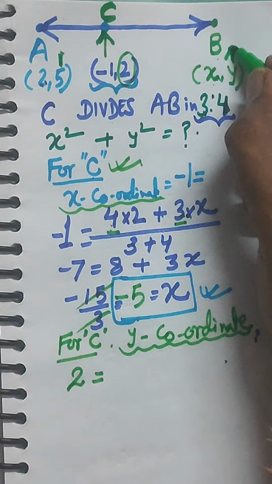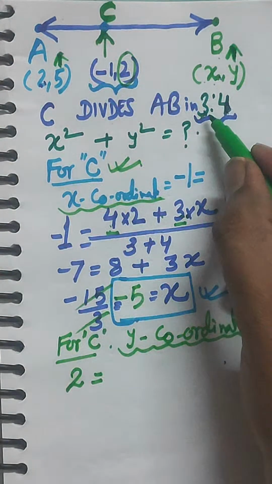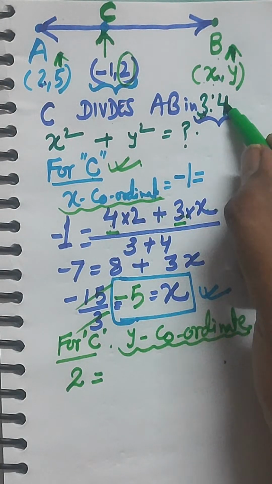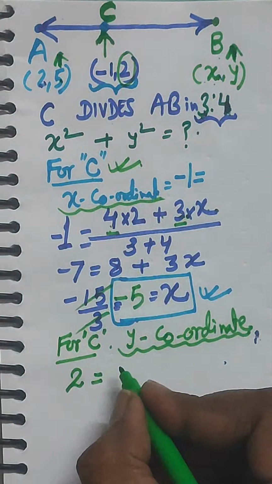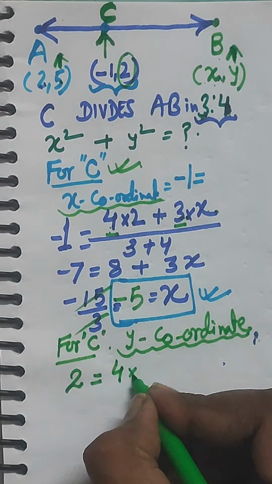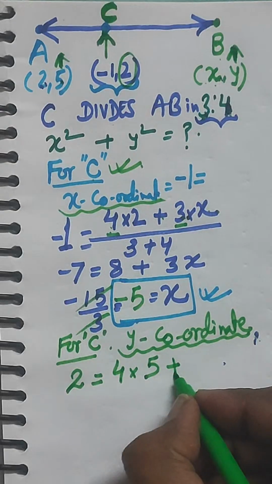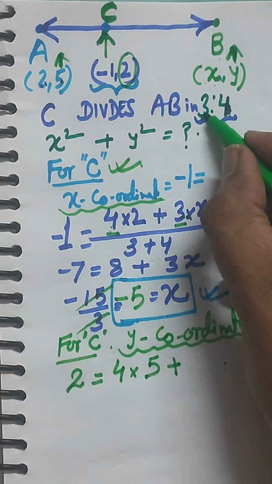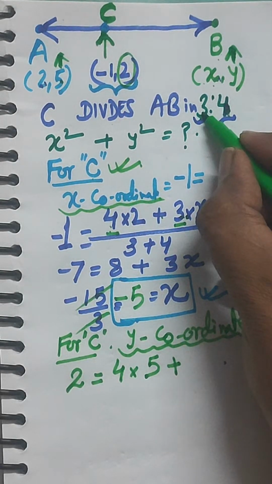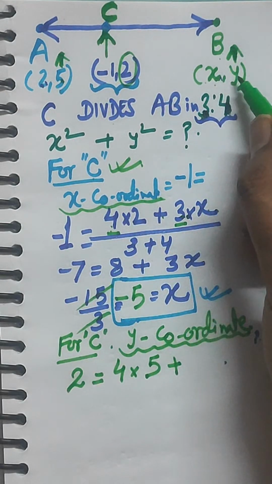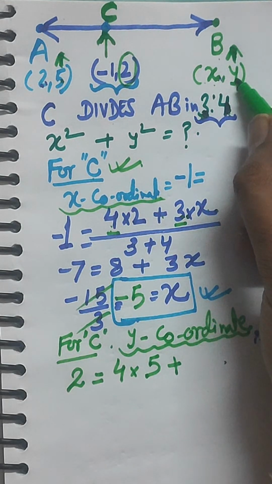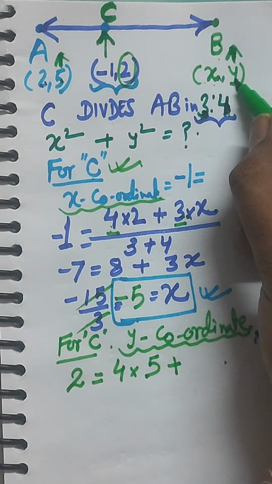What we will do, the ratio is 3 is to 4, so 4 is coming at a later point, so 4 will be multiplied with this 5. Plus this 3, the first ratio term, will be multiplied with the ordinate of the latter point. The latter point is B and its ordinate is y.